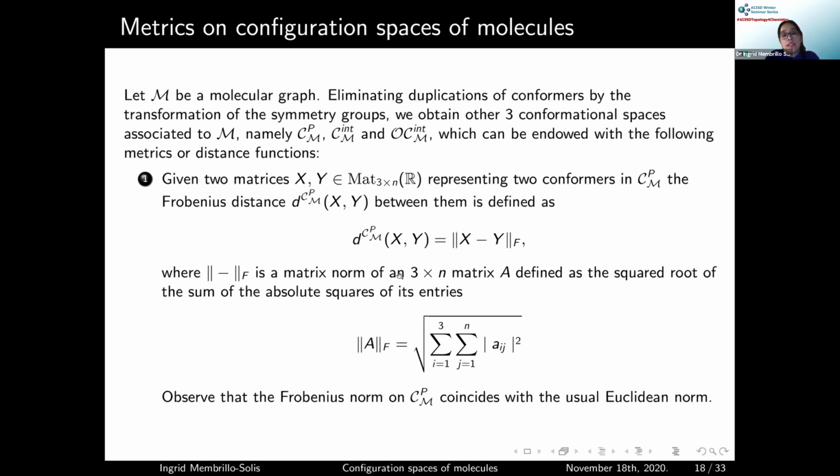So for instance, in this case, for CP, if X and Y are two conformers, then the distance between these two conformers is defined as follows, where this norm is just the Frobenius norm. So basically X and Y are two conformations, and these conformations are represented as matrices of size 3 times n.